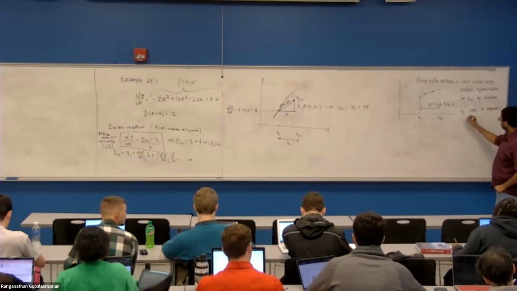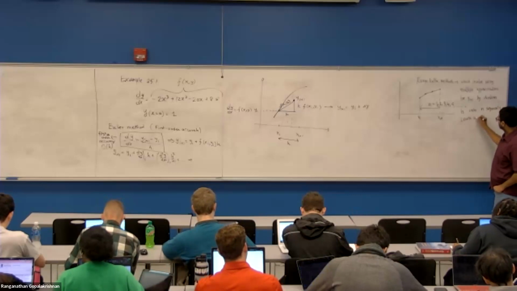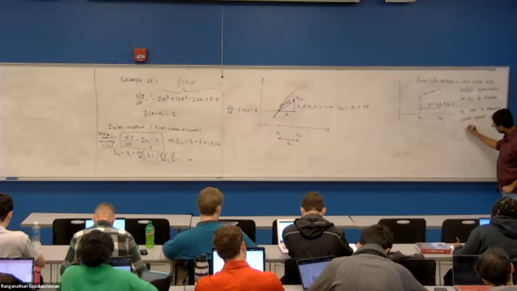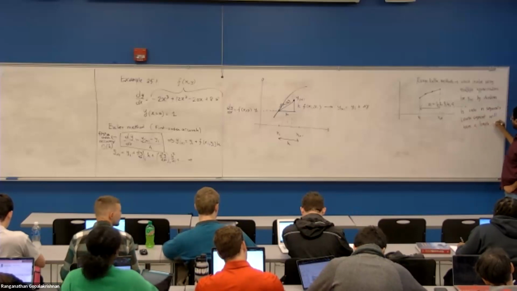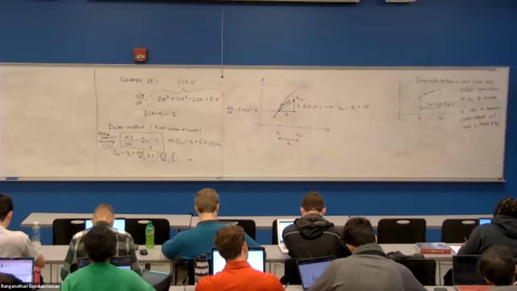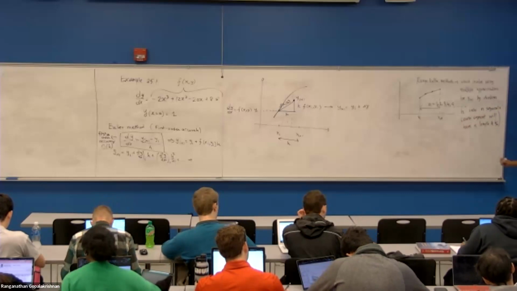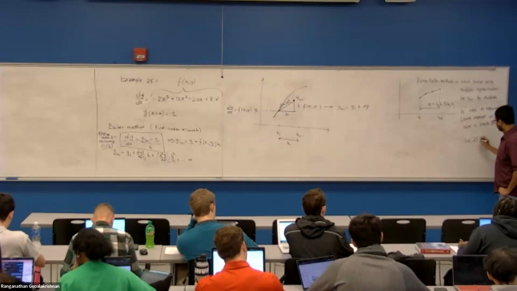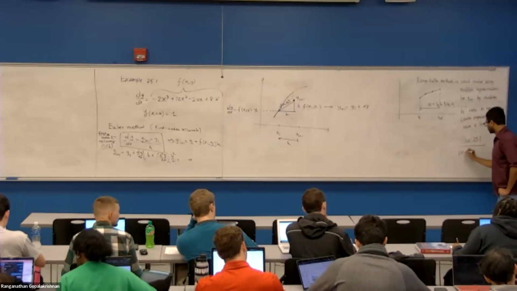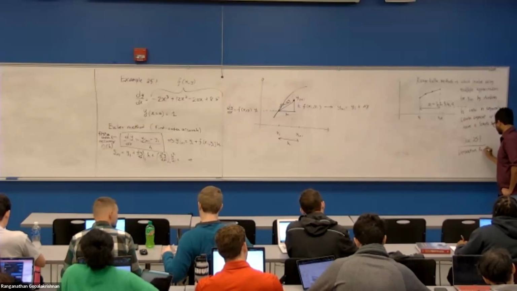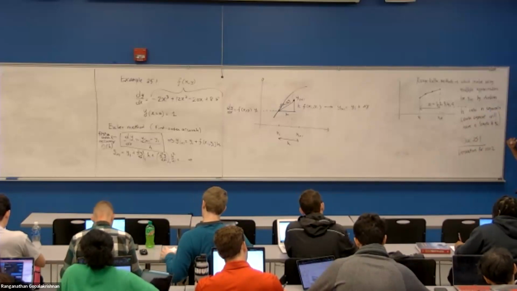So each segment will have a length or width, however you see it, of h over n. And if you refer to box 25.1, you can find a derivation for the second order method for n equals 2.